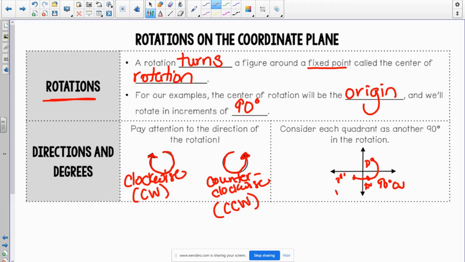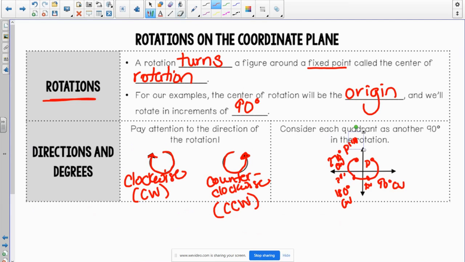That would be 180 degrees clockwise. And if we go from here up to here to be P triple prime, this would be 270 degrees clockwise. So again, 90 degrees clockwise, 180 degrees clockwise, and if you add 90 again, that would be 270 degrees clockwise.